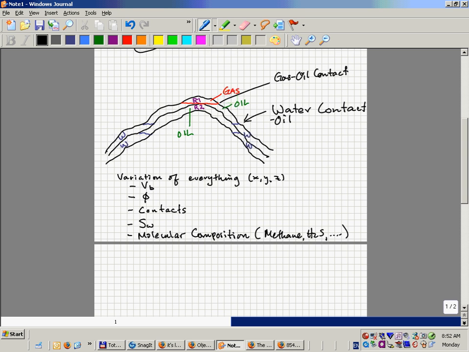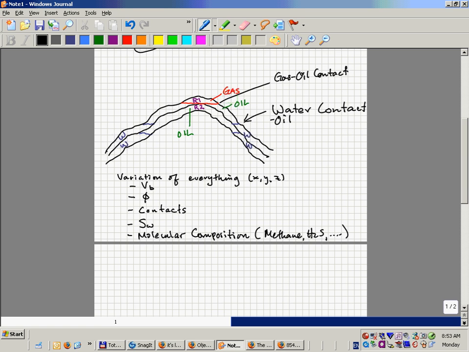And this variation of H2S, and it varies areally by geologic layer. It's bizarre. We don't know why it varies. Ranging from like 0.5 mole percent to 5 mole percent. And that variation is one of the biggest economic factors in the entire field development. Okay? So sometimes you have to even know the molecular composition.